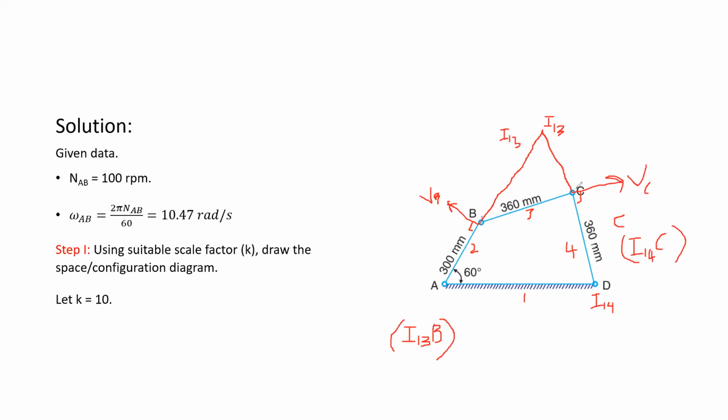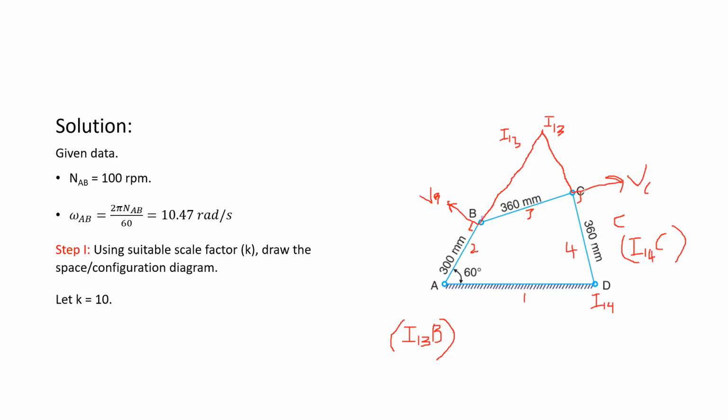Got it? Next, why did we extend this in this direction? Just as we assumed point C on link 4, now we assume point C is on link 3, and our assumption is valid because point C is the common point of link 3 and link 4.